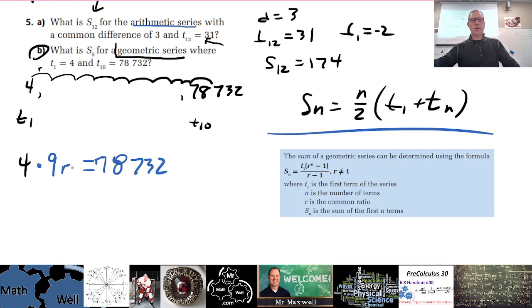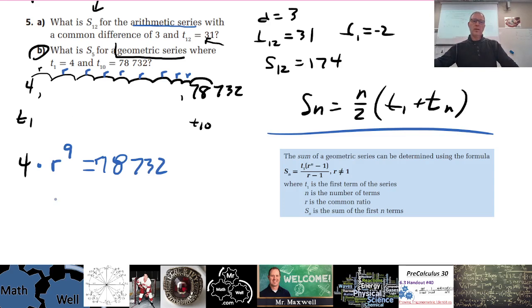No, it should be R to the 9th, because we're doing R times R times R times R times R. So we're not adding up these R's, which would be 9 R's. We're actually multiplying R by itself 9 times. Does that make sense? So it looks like this should be 4 times R to the 9th equals this number.